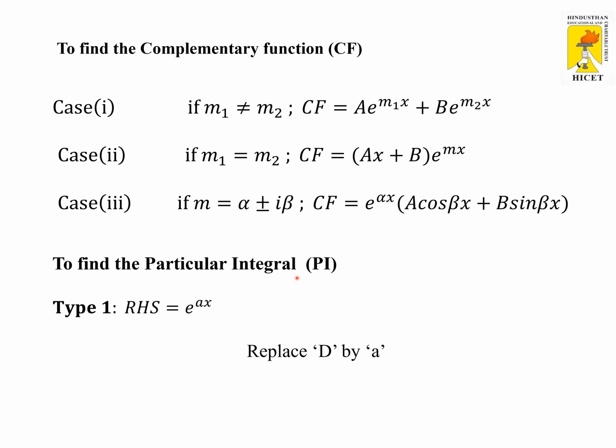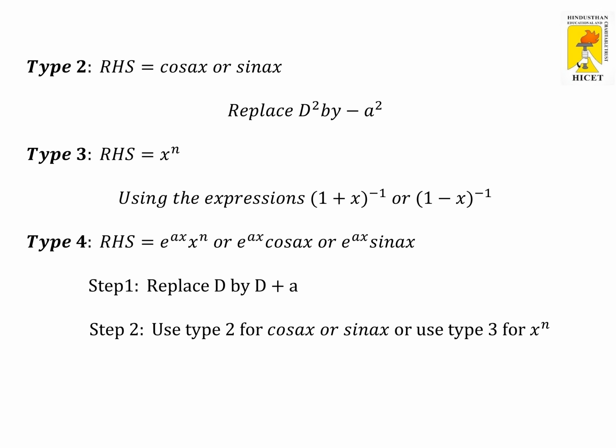Here we consider four types of particular integral based on the term given on the right hand side of the above equation number 1, that is f of x. In type 1, if f of x, our RHS term, is in exponential form, that is e power ax, then replacing D by a, we get the particular integral.